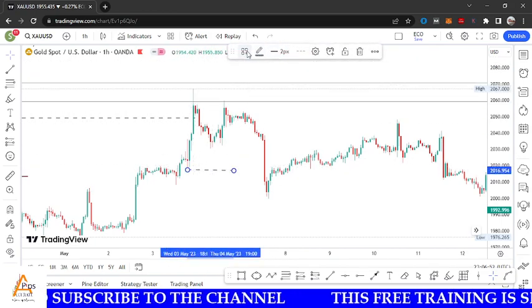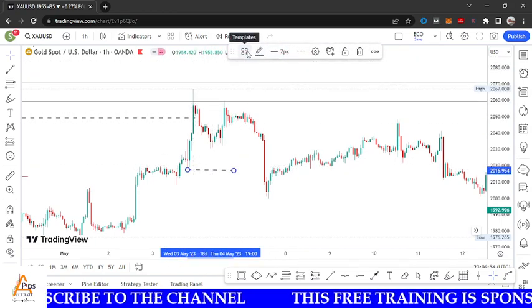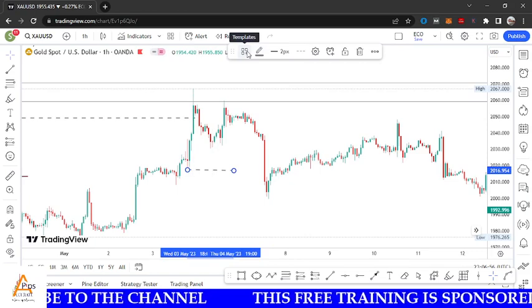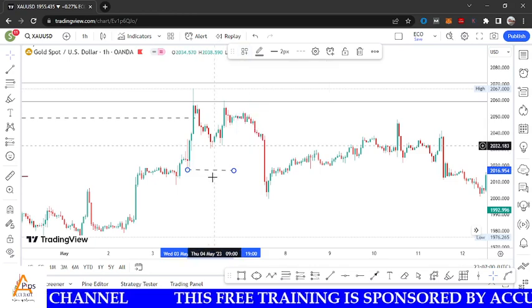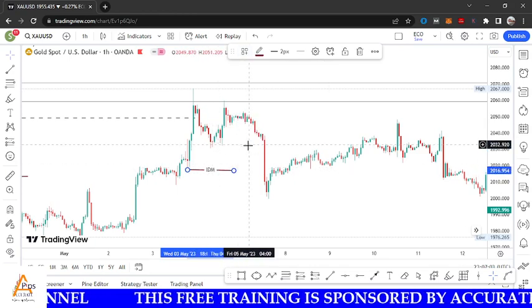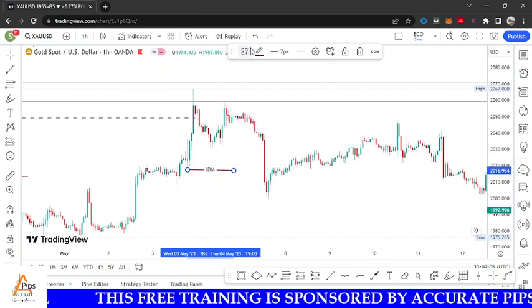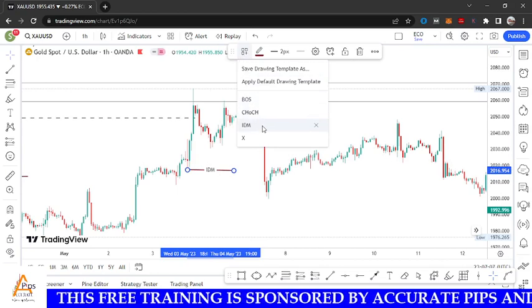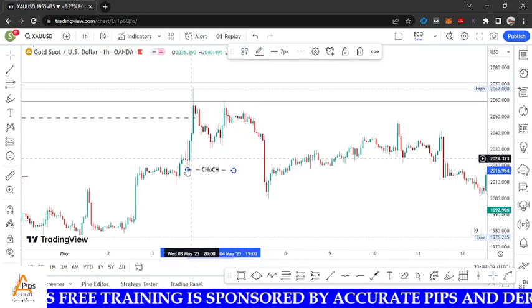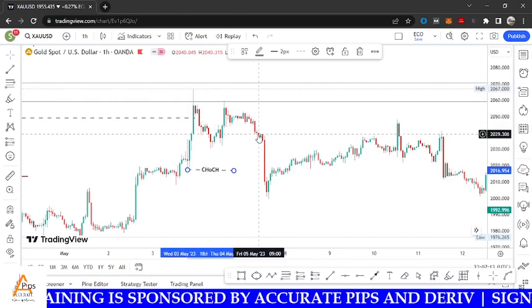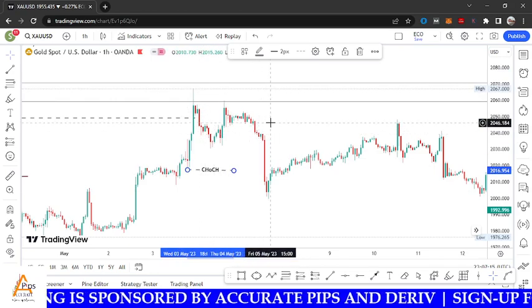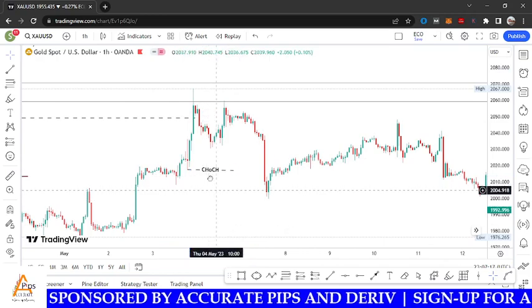If it were our normal market structure without any zone being tapped into, we would have said this is our valid IDM. But here, price has tapped into a higher time frame. So this is our change of character on 1 hour to counter trade in the bearish direction.